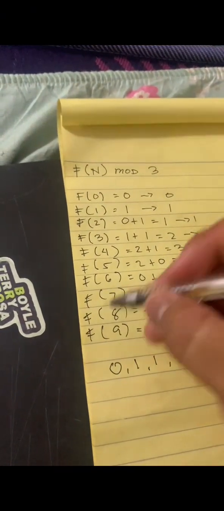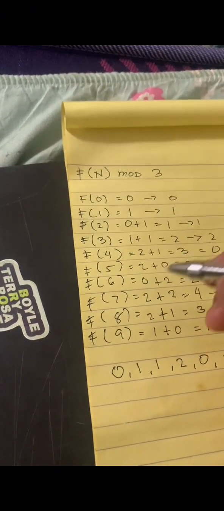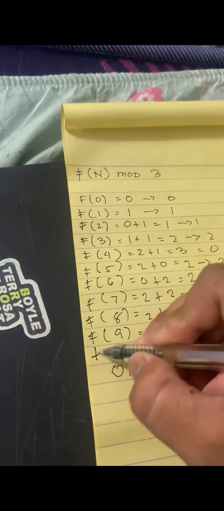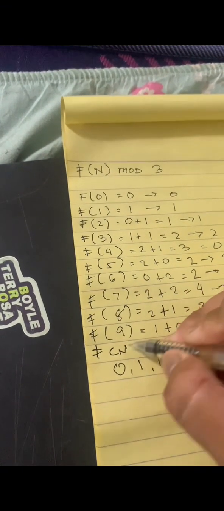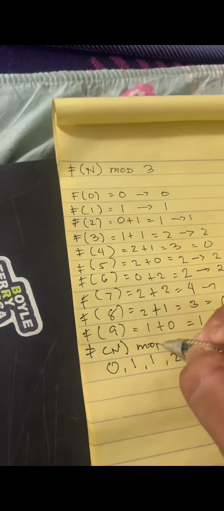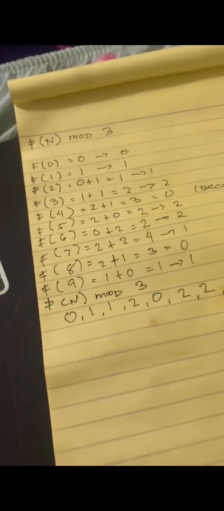So this is the Fibonacci sequence of f sub n modulo 3. Does that look familiar? That's how we started the sequence. This is a huge deal because the rule for Fibonacci only depends on the previous two numbers.